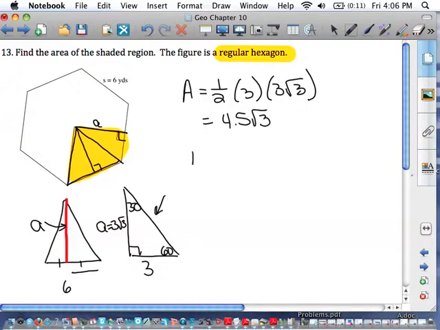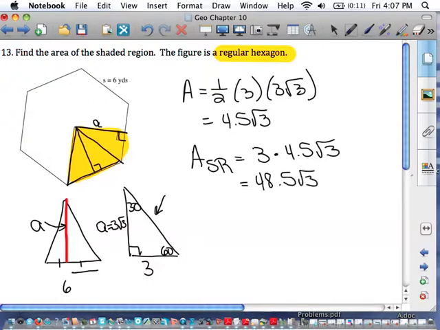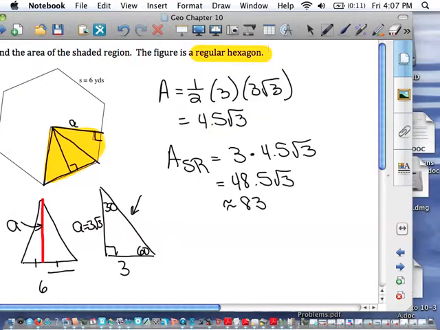And then to find the area of the shaded region, you're just going to multiply that by 3. So you would get approximately 48.5 root 3, which is approximately equal to 83. Oops, sorry, looked at the wrong answer. Let me back up. Let me erase that.